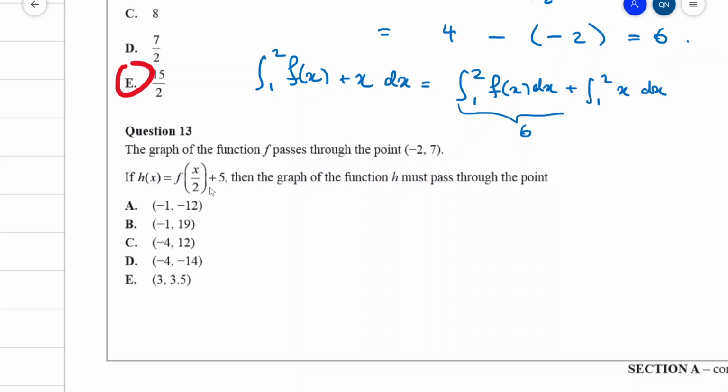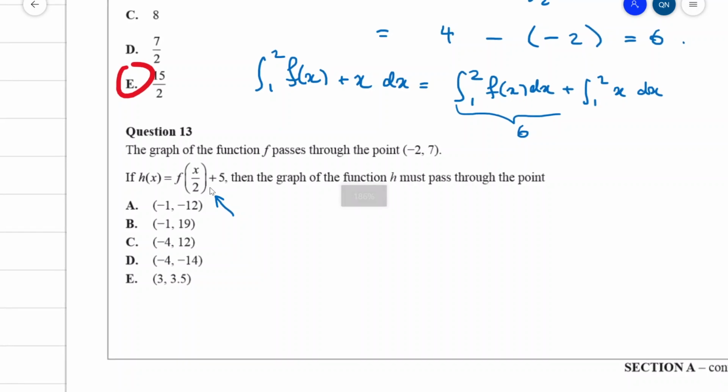So what exactly are the transformations that occur over here? The transformations are, first of all, dilation by a factor of 2 from the y-axis, which means all x's get mapped to twice its value. Okay, and then we also have a plus 5 here, which means a translation up by 5 units, which means all y values get mapped to y plus 5.